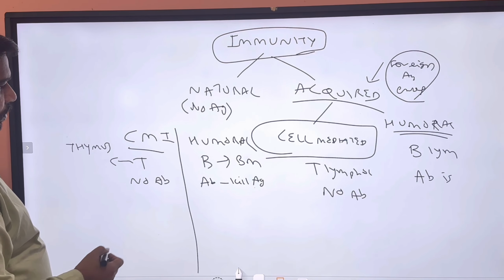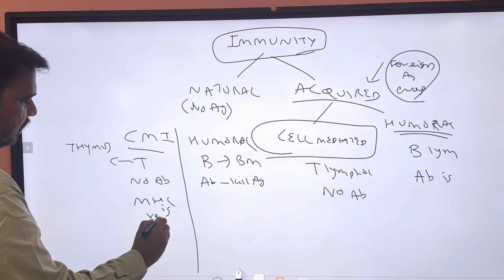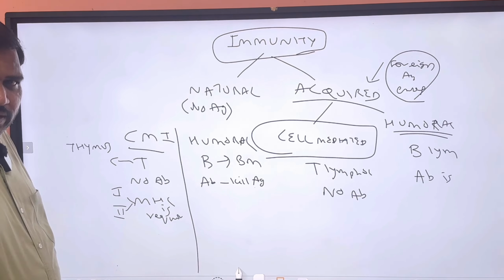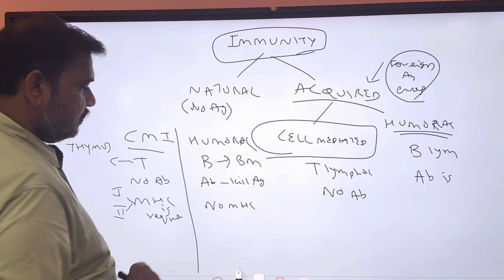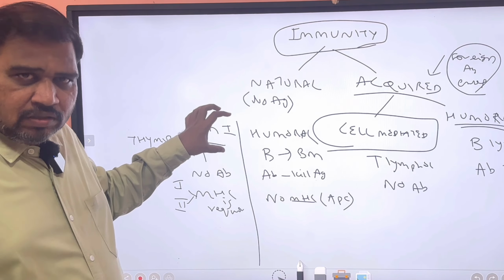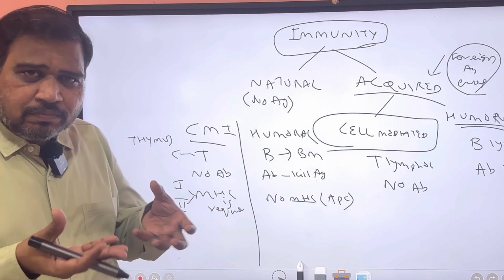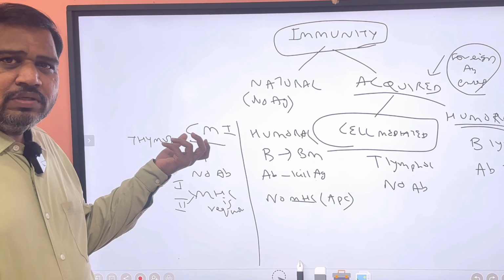Another difference we know: in cell-mediated immunity, MHC is required. MHC means major histocompatibility complex, divided into 1 and 2. I will be explaining that. Here, in humoral immunity, no major histocompatibility complex is required. For cell-mediated immunity, the topic of discussion today, I require an antigen presenting cell. Some cell has to present the antigen, then only cell-mediated immunity by T lymphocyte is possible.